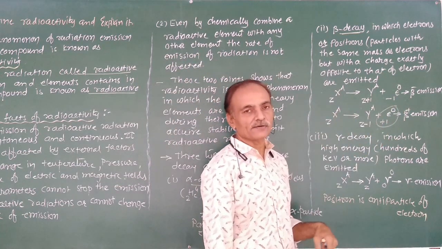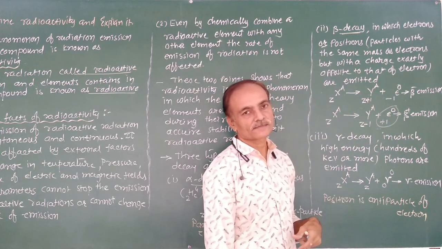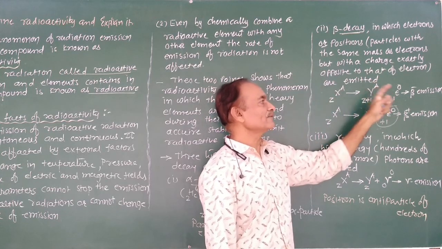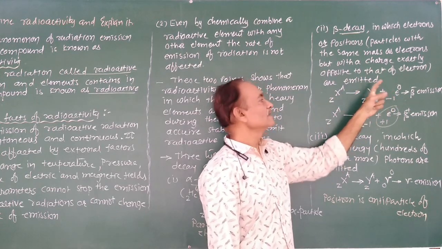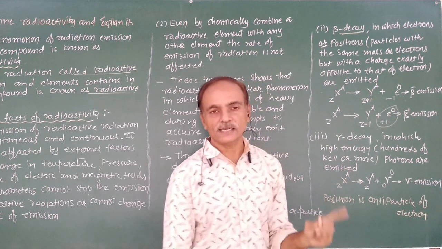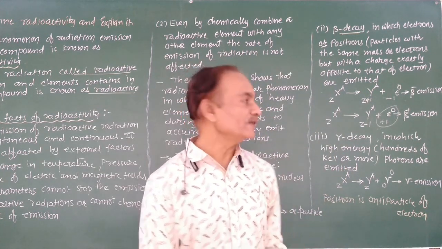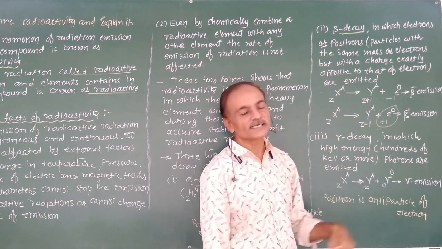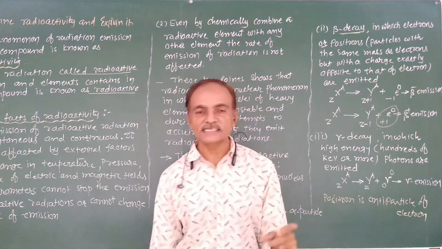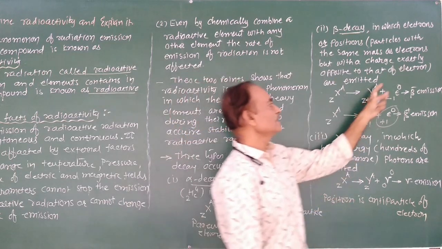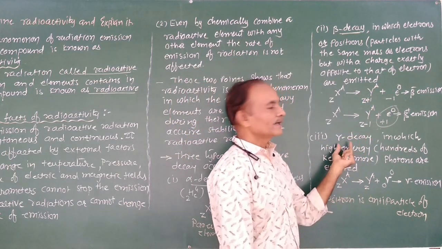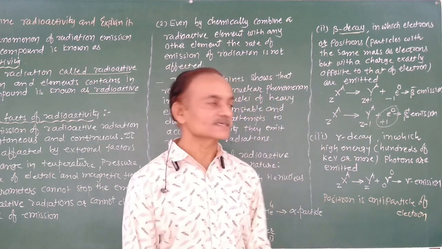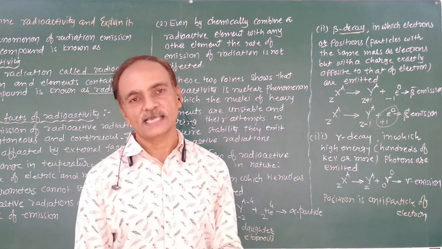During beta minus emission, the atomic number is increased by 1, and during positron emission, the atomic number is decreased by 1. There is no change in atomic mass number. A does not change. Now during the gamma decay, the atomic number and atomic mass do not change. Only energy is emitted.